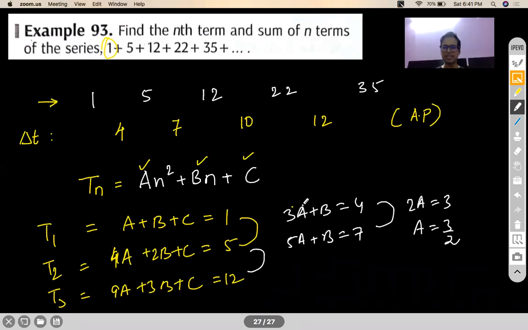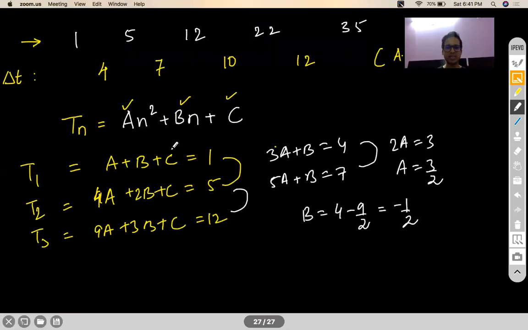If A is 3 by 2, B will be 4 minus 9 by 2, which is actually minus half. If A is 3 by 2, B is minus half, C must be 0 to get a 1. So C is 0. That means your nth term is 3 by 2 n square minus n by 2.